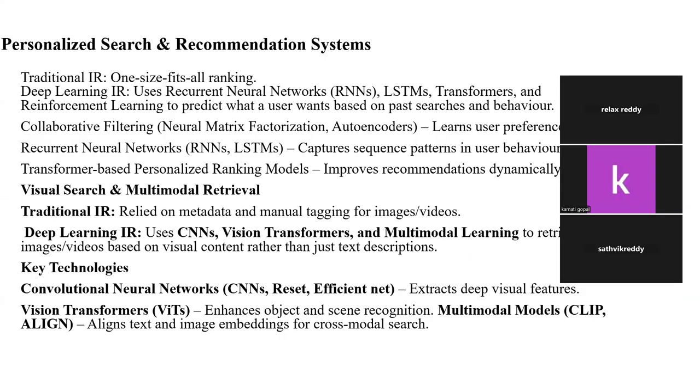In visual search and multimodal retrieval, deep learning replaces traditional metadata-based indexing with CNNs, vision transformers, and multimodal models like CLIP and ALIGN, enabling more accurate image and video search. These advancements make search and recommendations more personalized, intuitive, and efficient across multiple data types. Next slide, please.